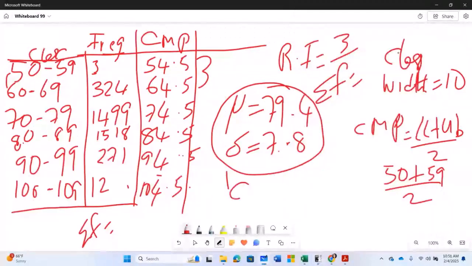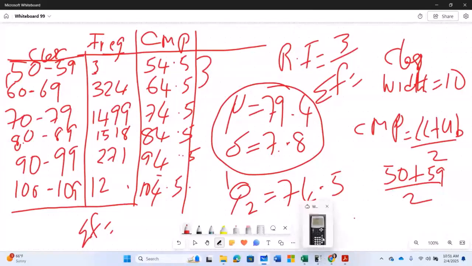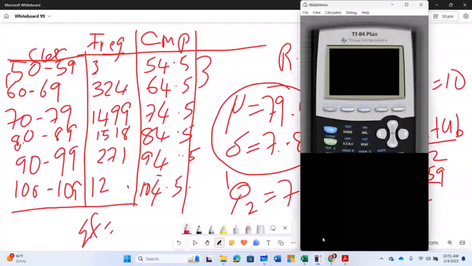Q2 is 74.5. If the data is normally distributed, the mean and median are approximately equal. But the mean here and the median are not equal. Anyway, we shall approximate because they indirectly told us to approximate.